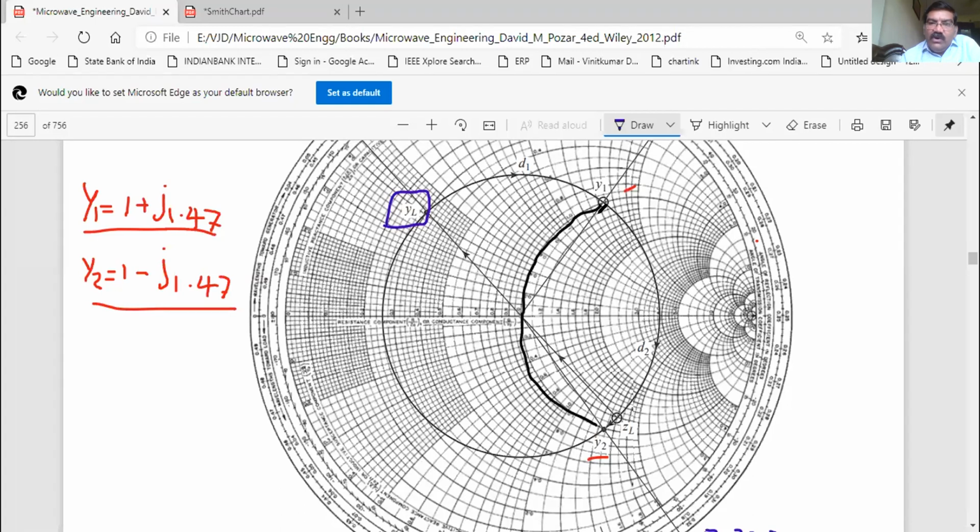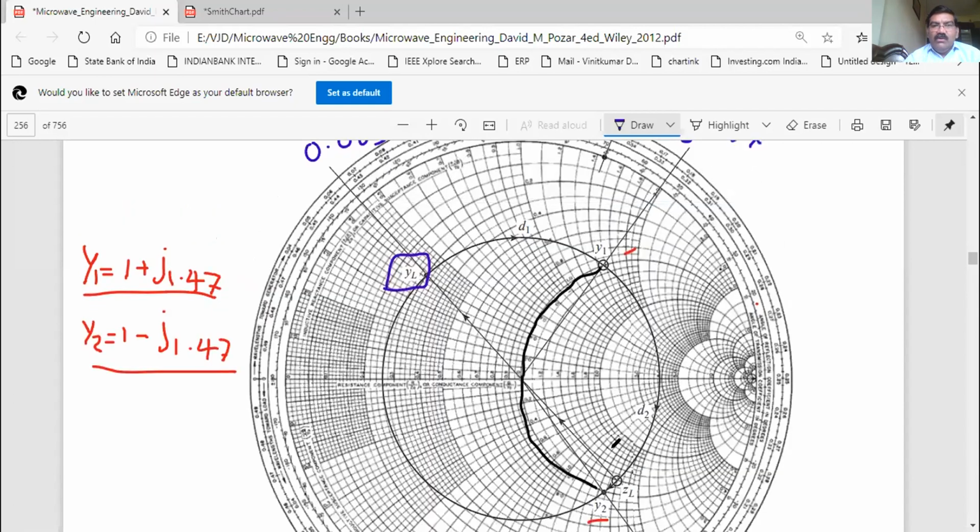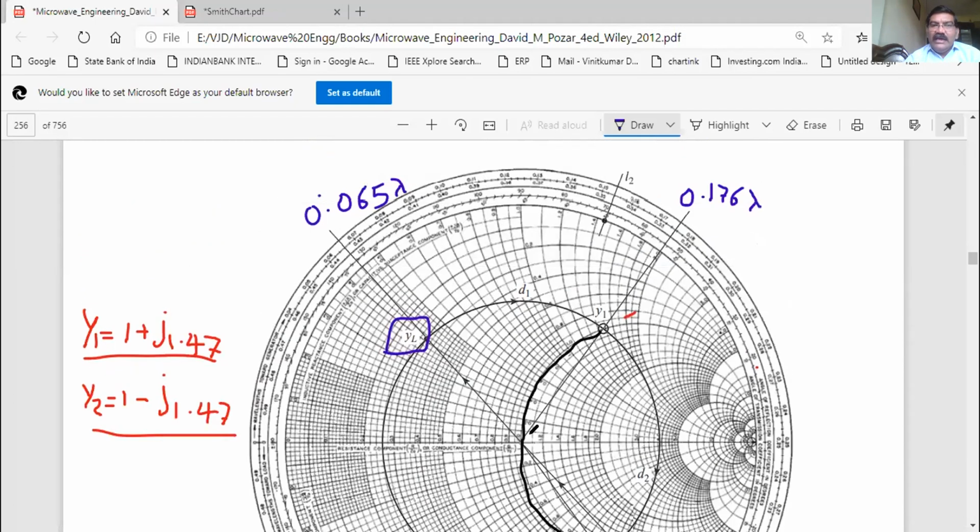So here you got the points Y1 and Y2. You can name the upper as Y2, lower as Y1, no issue, but have a strict nomenclature. So this is Y1, this is Y2 that we have decided, and whatever Y1 we got, we extended this line outside, and Y2 we extended this line outside.